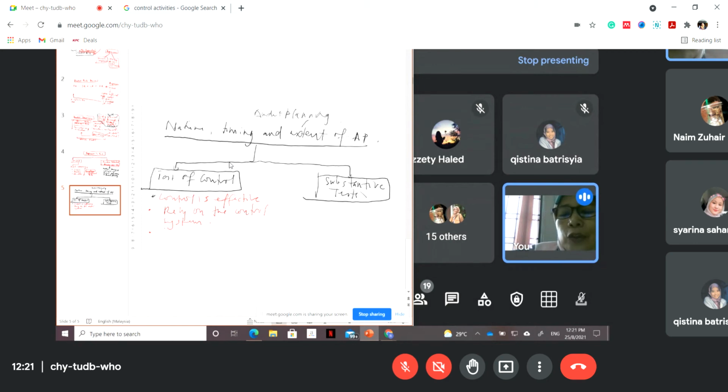If you rely on the control system, let's say the inventory system is good, overall conclusion, so what is your extent of audit procedure?